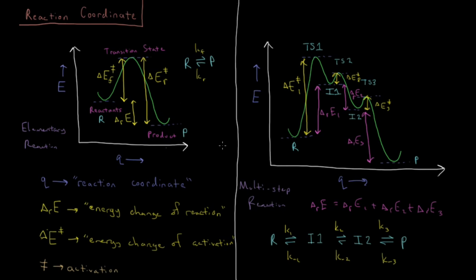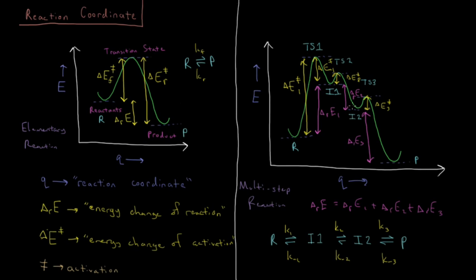Okay, and you could also look at these reactions going in reverse. Going from I1 to R, you have to pass this activation barrier, delta E minus 1 of activation.